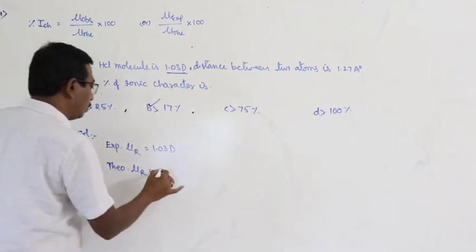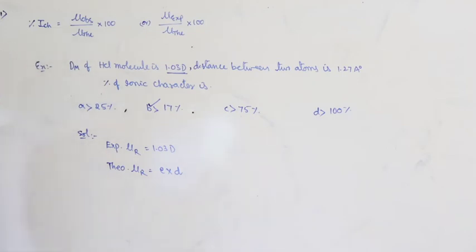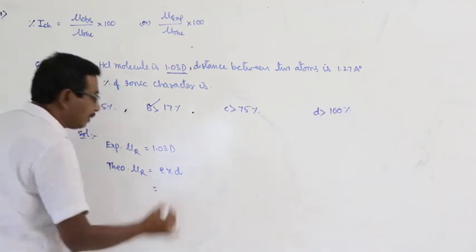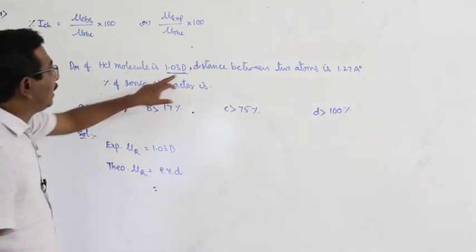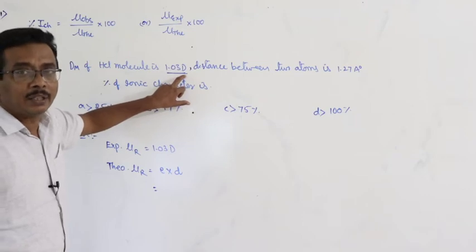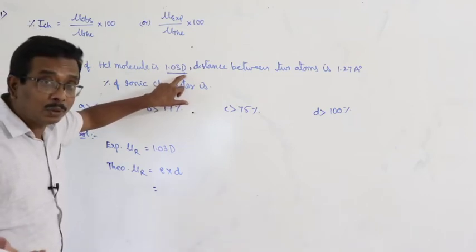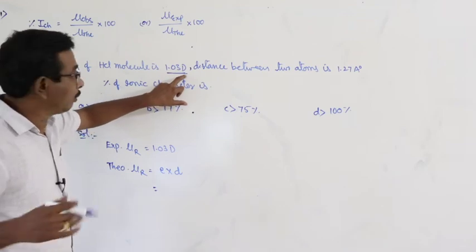That is equal to, you have to calculate, mu is equal to e into d. e means charge of electron. Here, what is the unit given for the dipole moment? Debye. Then you can go through ESU centimeter or Coulomb meter, whatever it may be.